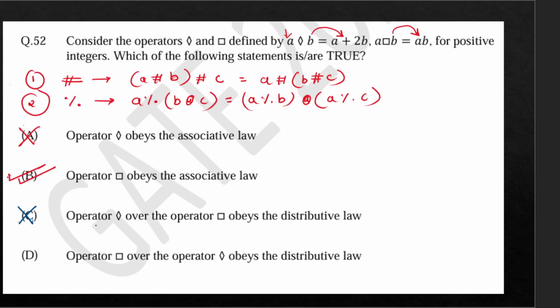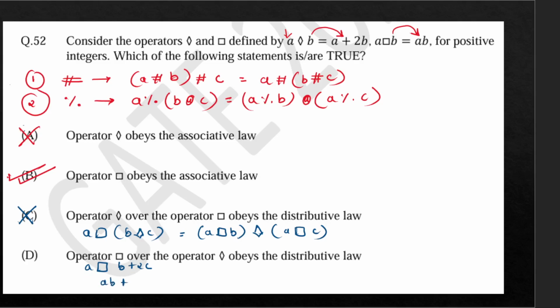So here the equation will be formed like A, this box, and B diamond C. Now this will be distributed as A box B diamond, A box C. Now LHS and RHS, let's solve this. So A box diamond will be solved as B plus 2C. After that, multiplication will happen.